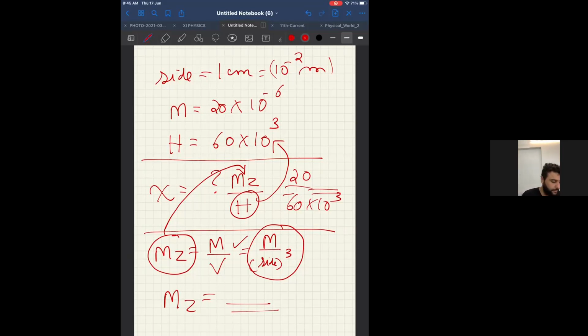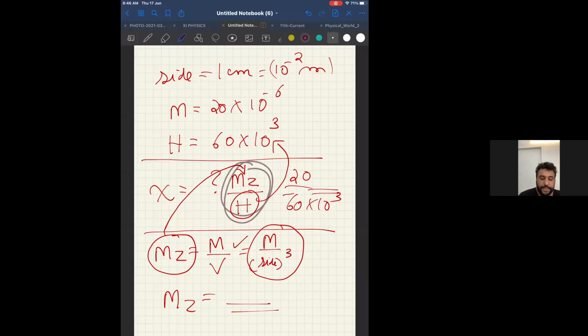Option C, correct. Option C is 3.3 into 10 power minus 4. Check, are you getting all of it? Here, in this particular question, make sure you get this formula correct.